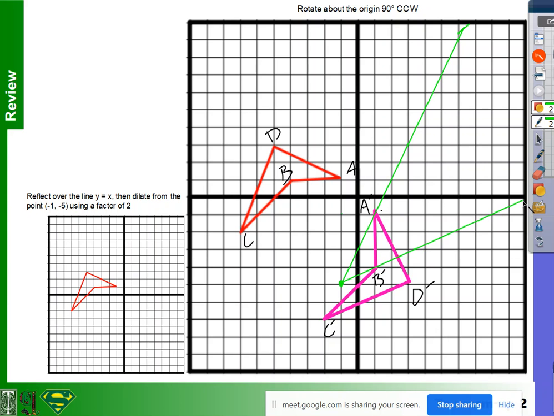So is anyone confused on what I mean by connecting the point of dilation with the vertices? Okay. From the point of dilation through point D prime, point of dilation through point C prime.